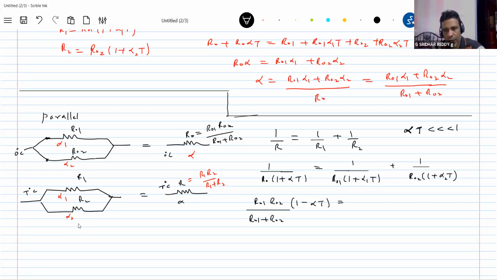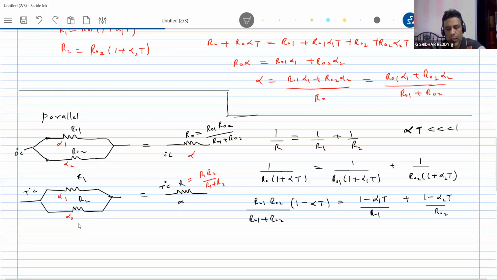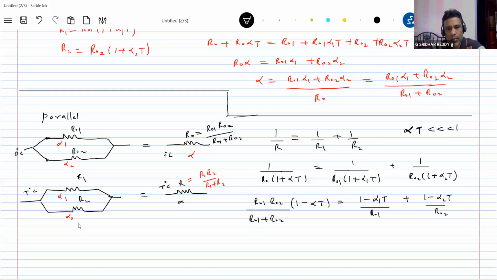So this should be equal to 1 minus alpha 1 T over R naught 1, plus 1 minus alpha 2 T over R naught 2. This is R naught now. Some correction I'll make: this should be R naught 1 plus R naught 2.